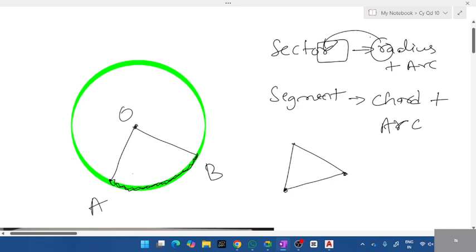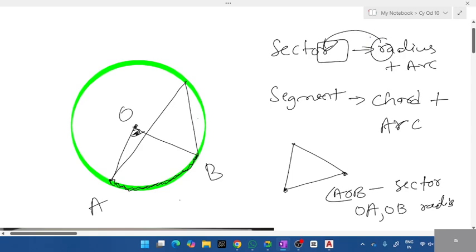It's a triangle at the center. Now tell me, is this a segment or a sector? Angle AOB. Why is it a sector? Because AO and OB are radii. Which is the arc here? Arc AB. Good, so this is a sector.